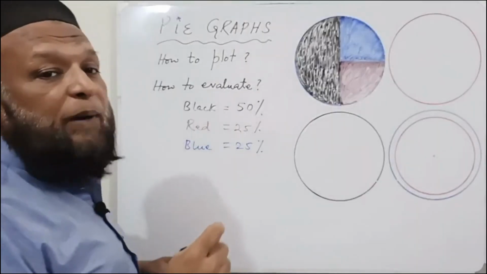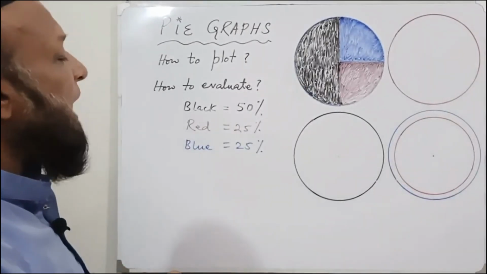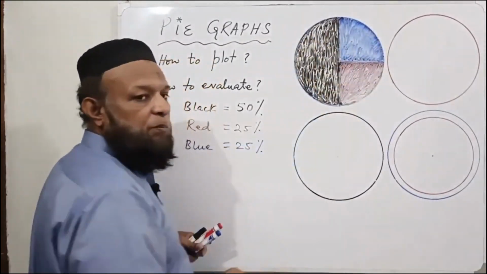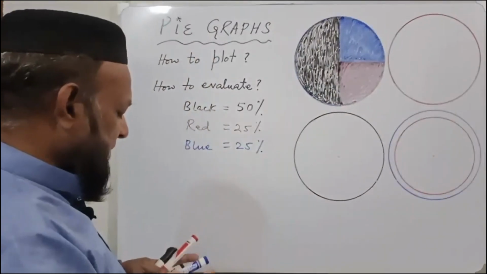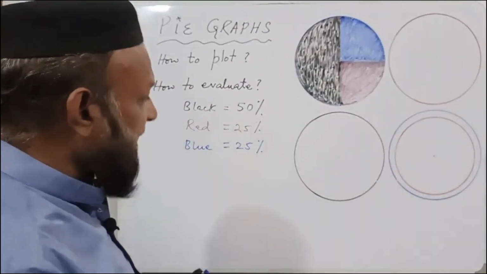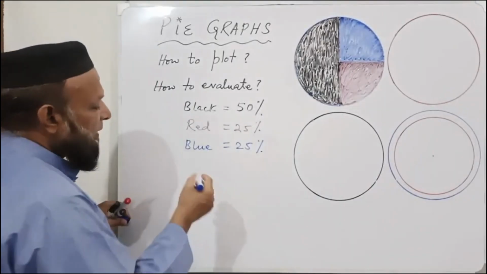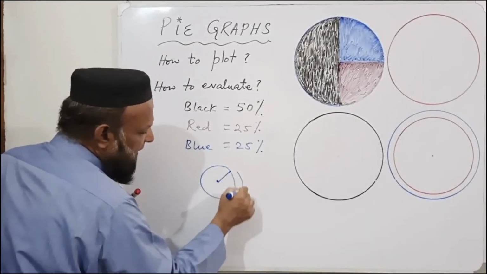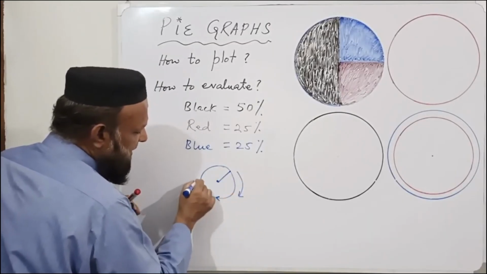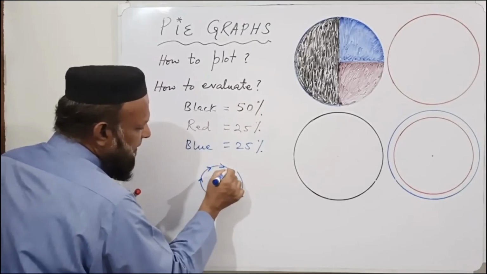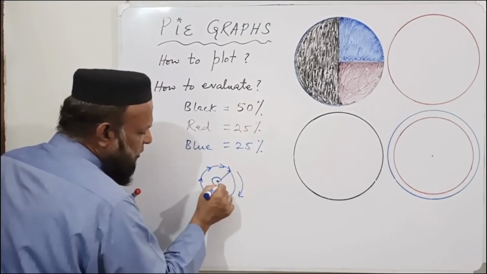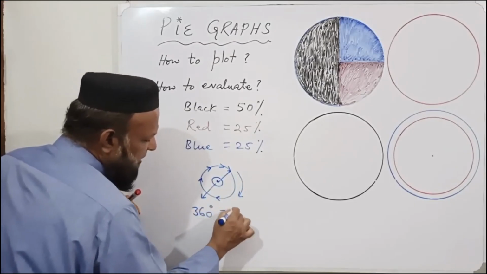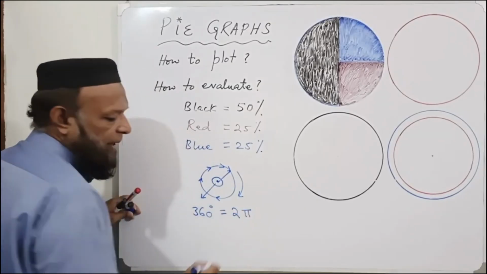And why do we call it a pie graph? Because we know that the circumference of a circle is given in pi. The total angle of the circle is how much? When you start from here, move around like this and reach the same point again, this total angle is 360 degrees, which is also known as 2 pi.